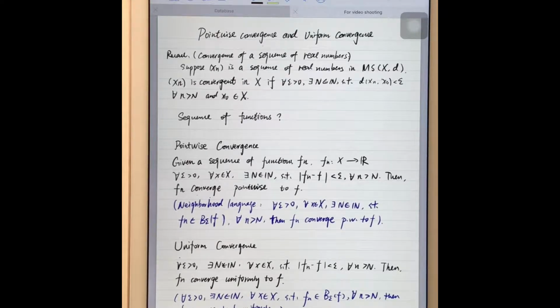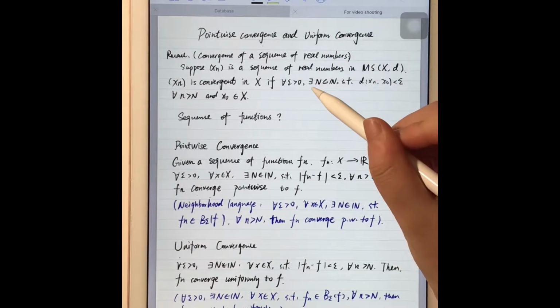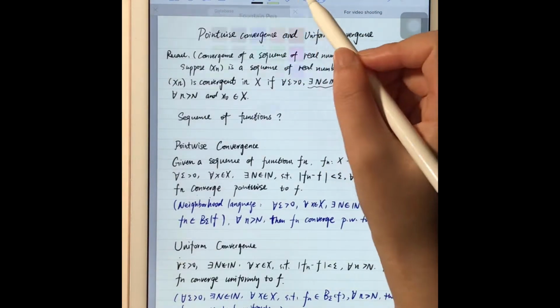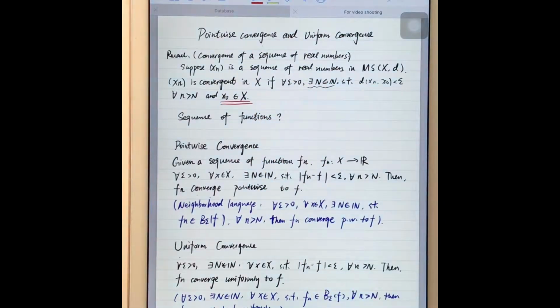We say x_n is convergent in X if for any epsilon larger than 0 there exists a natural number N such that the distance between x_n and x_0, the number that the sequence is converging to, is smaller than that epsilon for any n larger than the capital N. Another thing you have to pay attention to is that the number that the sequence is converging to must be contained in the set X.